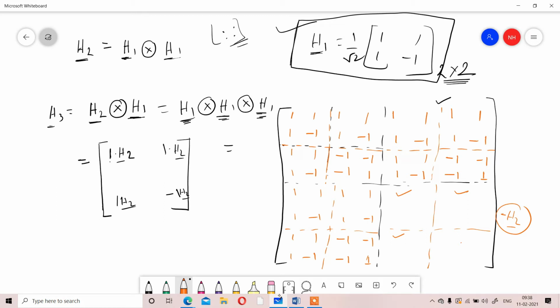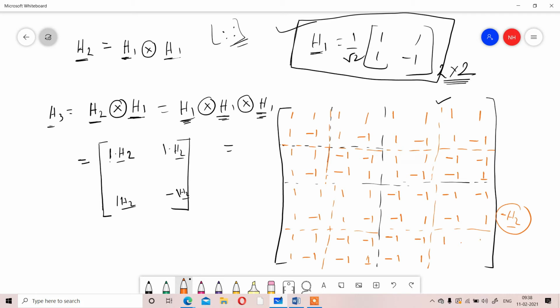Yes sir, of course. So simply if we represent like that, that will be minus H1, means minus 1 minus 1 minus 1 1, minus 1 minus 1 minus 1 1, minus 1 minus 1 minus 1 1. That will be plus H1.